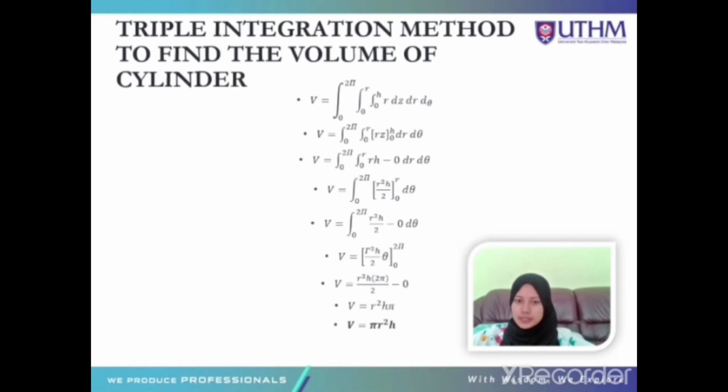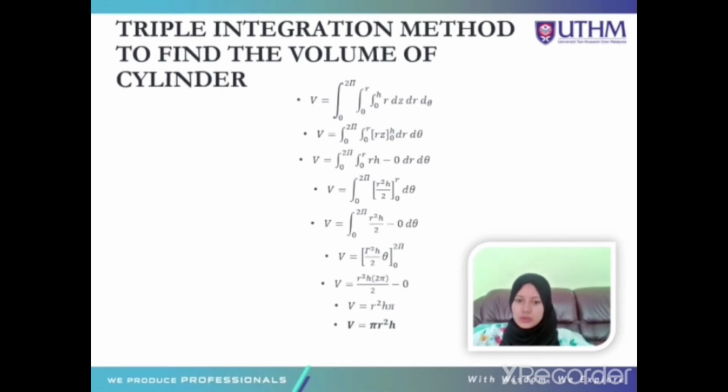And then we start the integration of r. Then we get rz, we substitute h and 0 into z, then we get rh minus 0. And then we integrate rh, then we get r squared h over 2. We substitute R and 0 into r, then we get R squared h over 2 minus 0. And lastly, we integrate theta, and then we get R squared h over 2 theta.